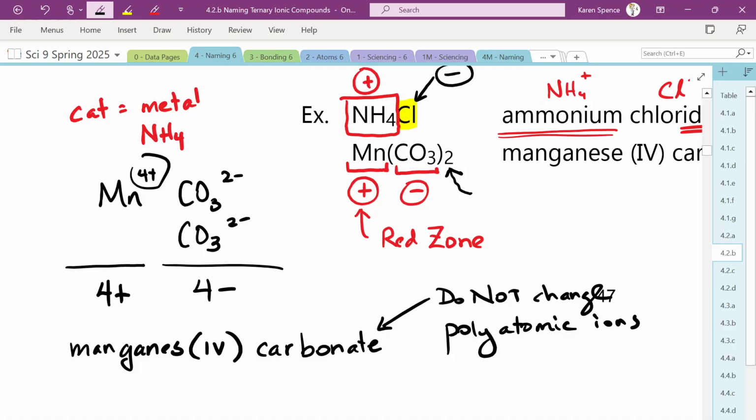A polyatomic ion is a big, huge, long word, so I'm going to start calling them PAI. Okay, do not change polyatomic ions to ide. They just keep their names, okay? Oops, and I forgot the E on the end of manganese. There we go, manganese.